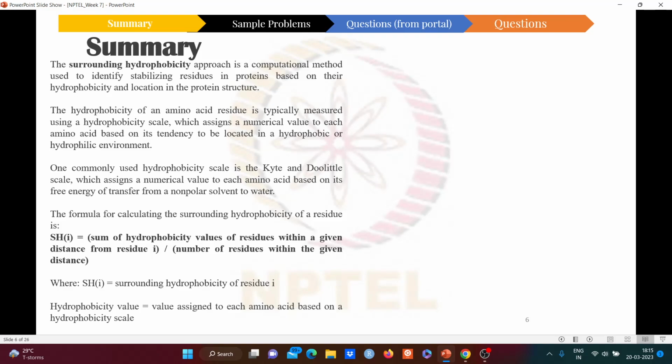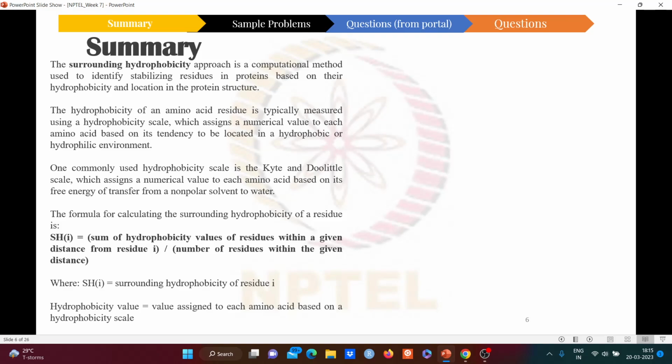The hydrophobicity of an amino acid residue is typically measured using a hydrophobicity scale, which assigns a numerical value to each amino acid based on its tendency to be located in a hydrophobic environment.